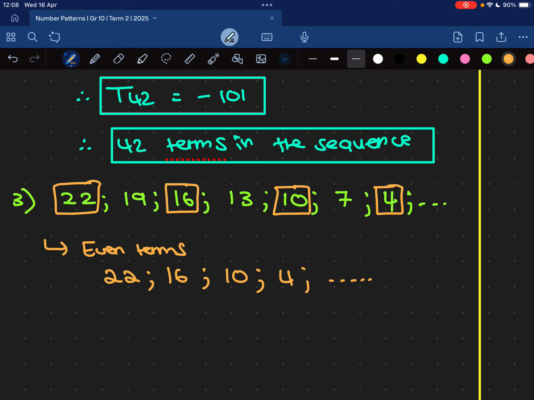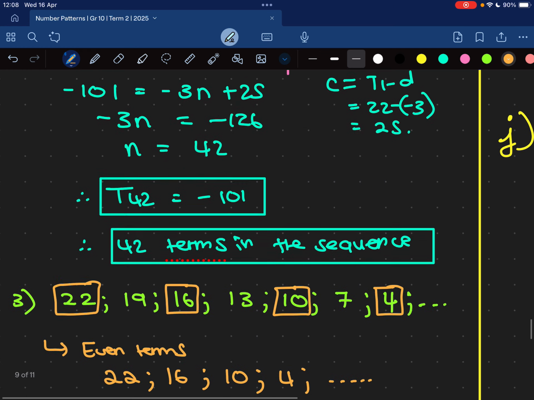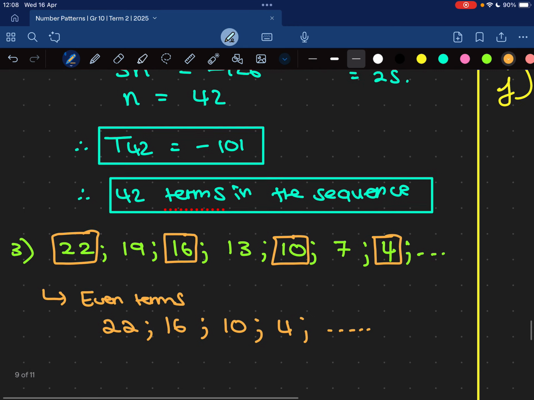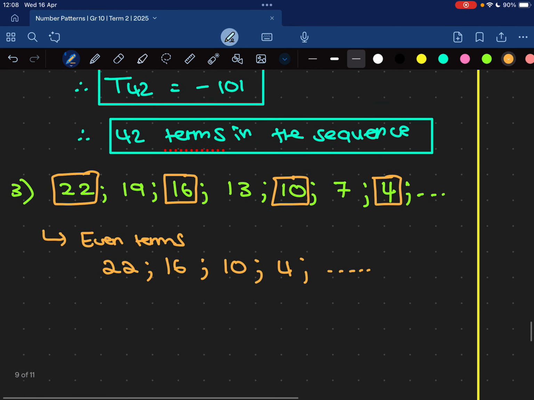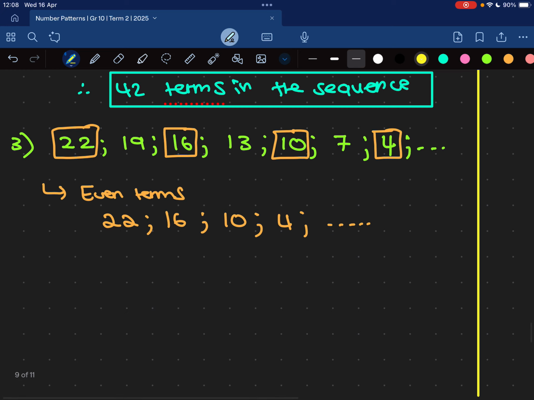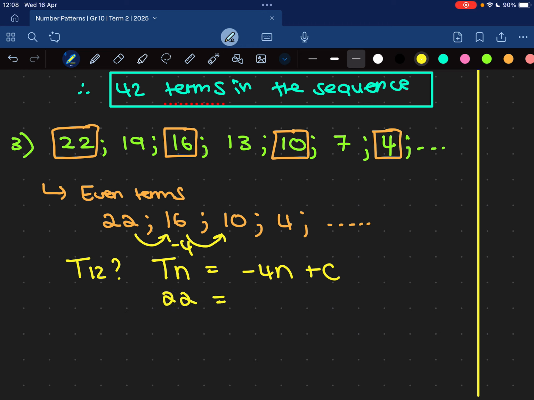So now it says to us that we need to figure out what is the 12th even valued term. So basically they want the 12th term in these even terms. So they want you to find T12. So firstly we need Tn. The common difference here is that I'm subtracting 4. So I'll have negative 4n plus c. So for the c value, 22 is equal to negative 4 times 1 plus c.